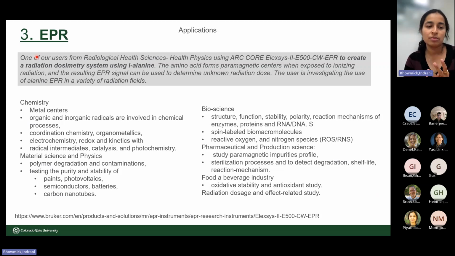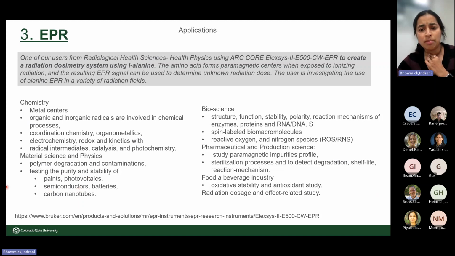EPR has a lot of applications in chemistry, to see the coordination chemistry in organometallics, the presence of radicals or their interactions with the system and the environment in solution. Electrochemistry, redox and kinetic science could also make very good use of EPR. Other than that, you can see polymer degradation, contamination, or radical generation over time in semiconductors or many other types of materials.